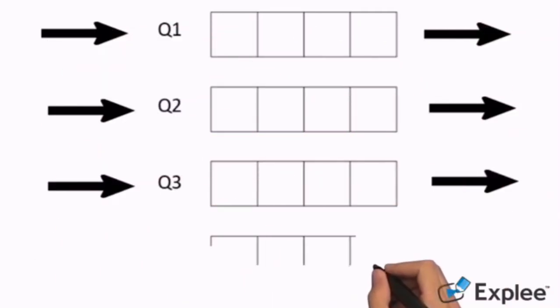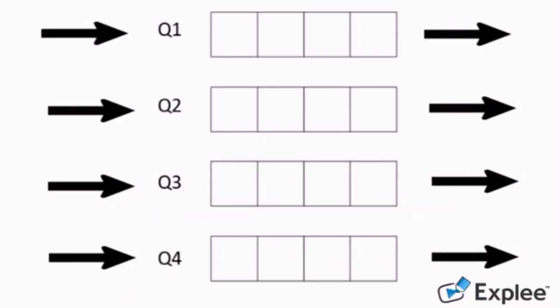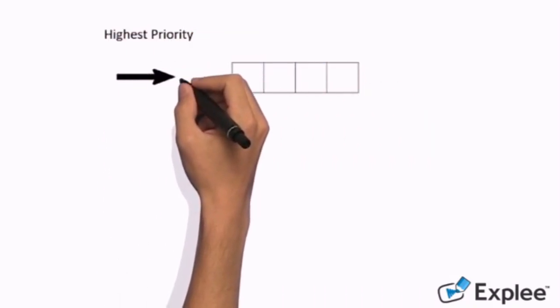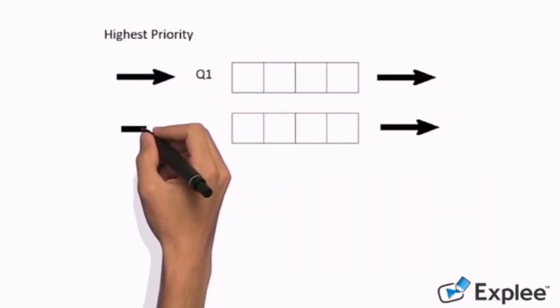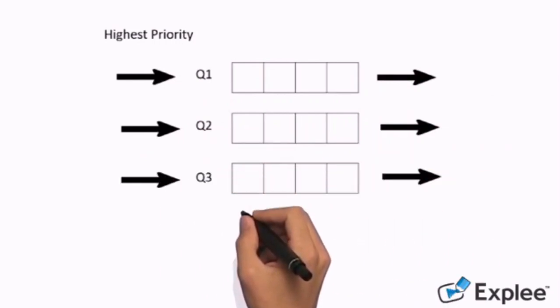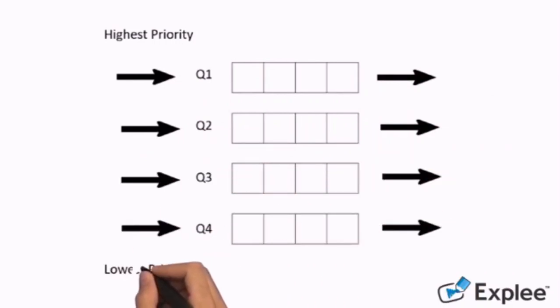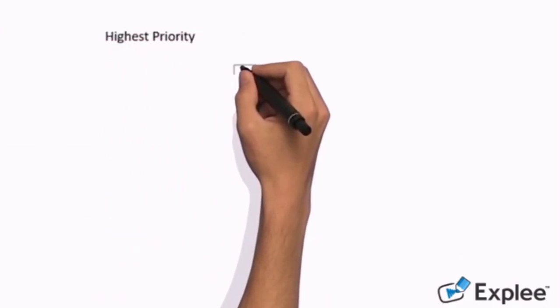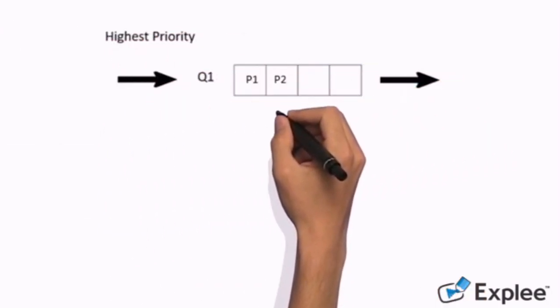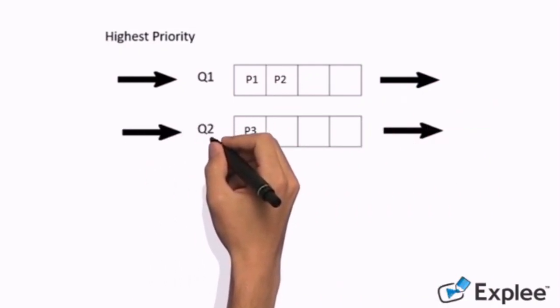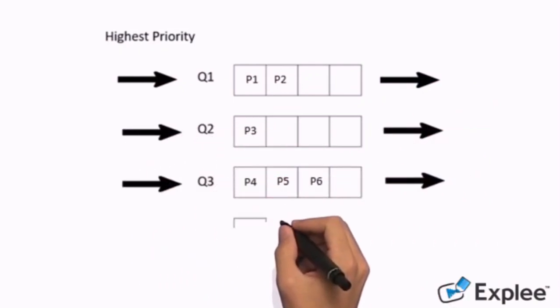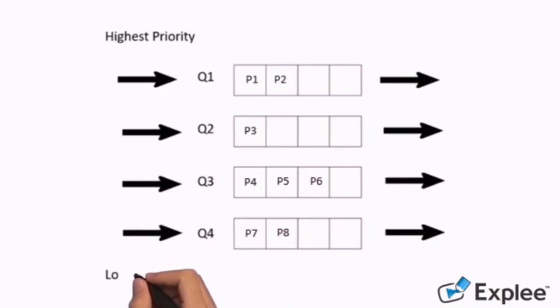Then, the group of processes is placed into each group. It is labeled highest priority and lowest priority, which means the upper level queue has a higher priority than the lowest level. Then, each small queue is labeled with P1, P2, P3, P4, P5, P6, P7, and P8.